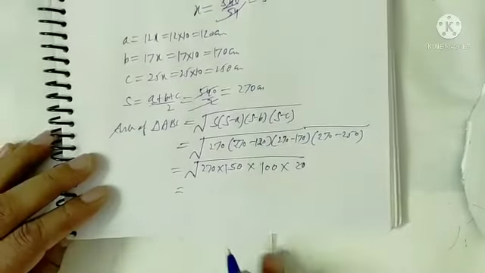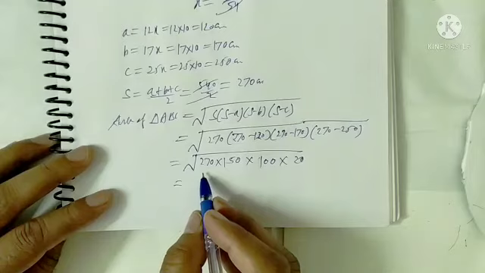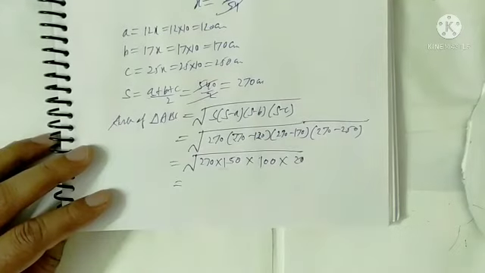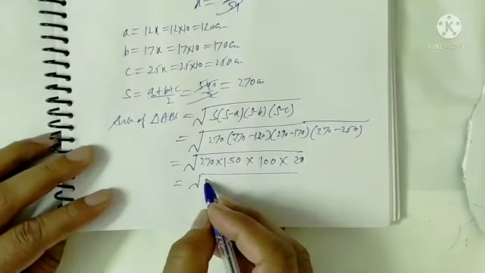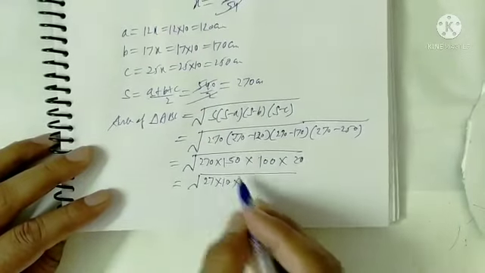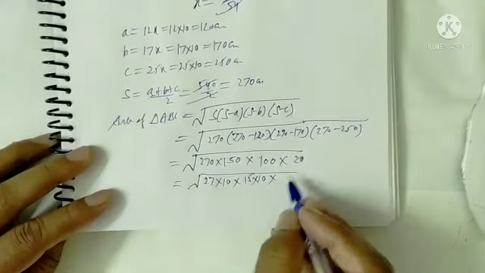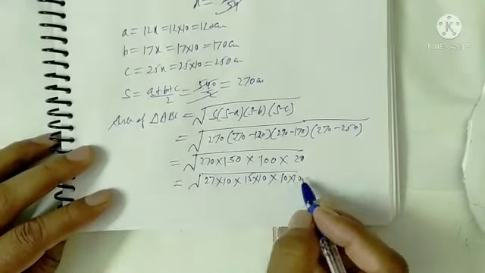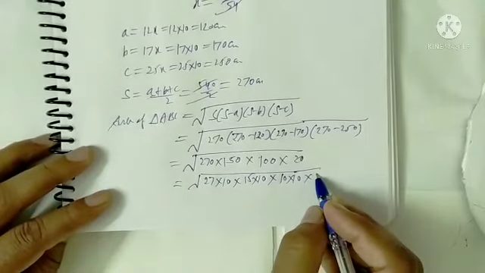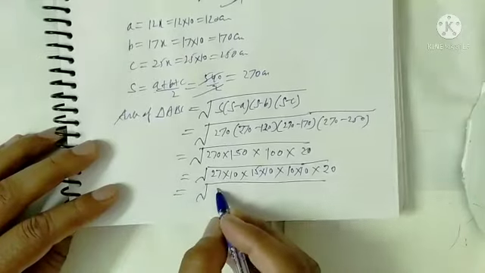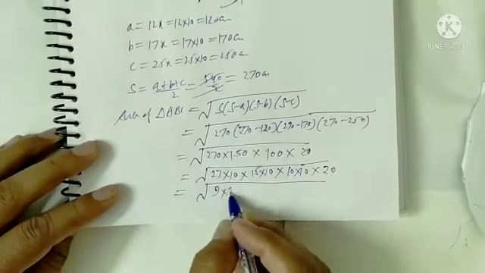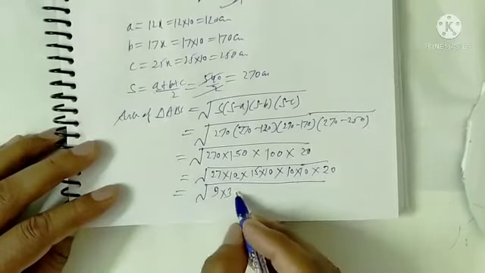Now calculate. So 270, how can you take out the 27? You can write down here this 27 into 10. This is 15 into 10. This is already 10 into 10. And this 20, you can say 5 4s are 20. Now if you see that 27 means 9 3s are 27, 9 into 3, and one 10.